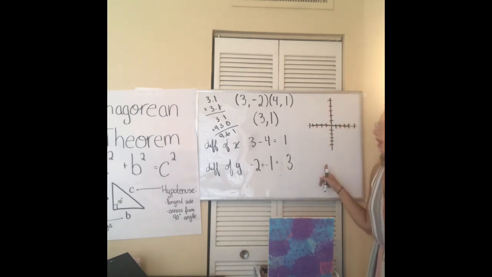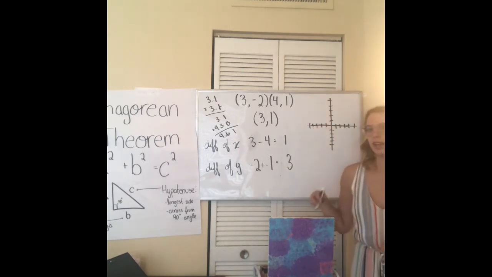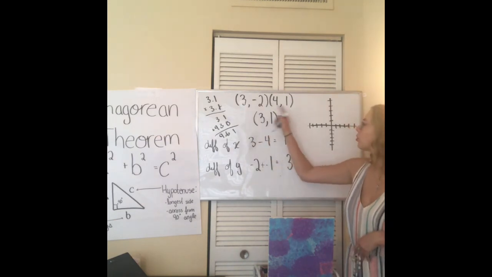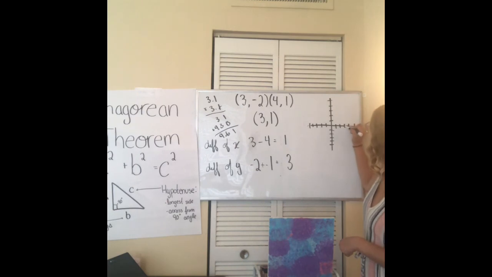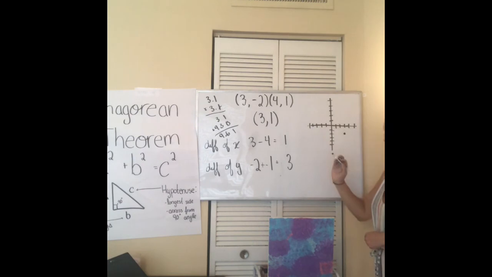I have just made a little graph that goes up to 5 in every direction. And I'm going to plot these two original points. So I have 3, -2, which is 1, 2, 3, 1, 2, which is right here. And I have 4, 1. 1, 2, 3, 4, 1.